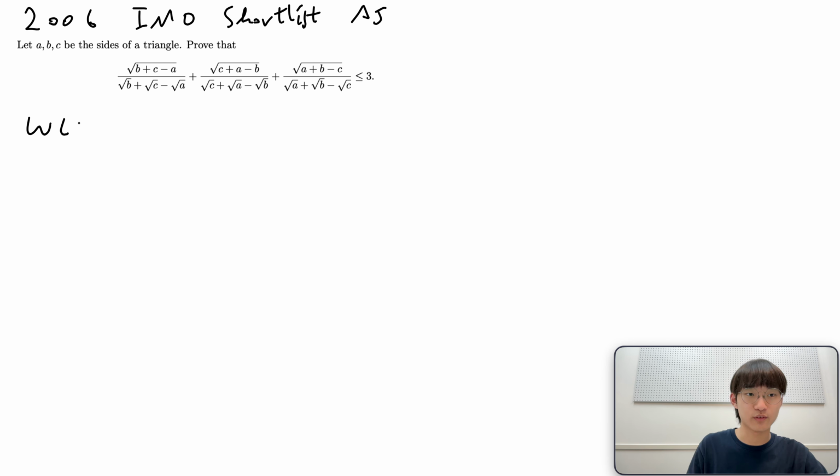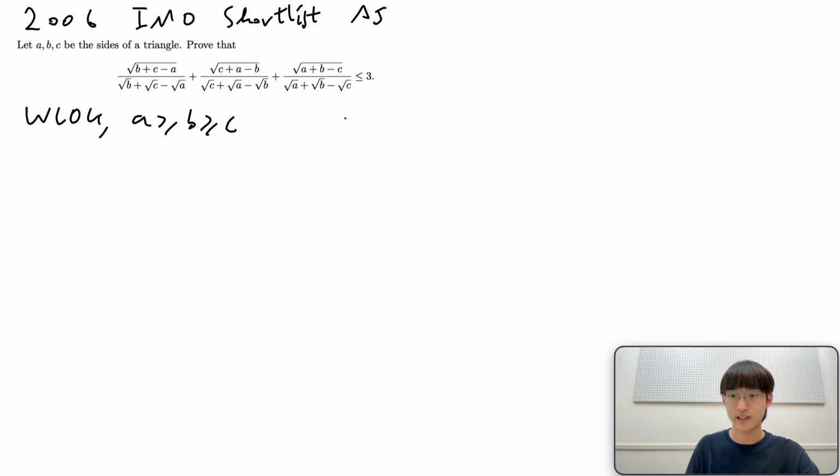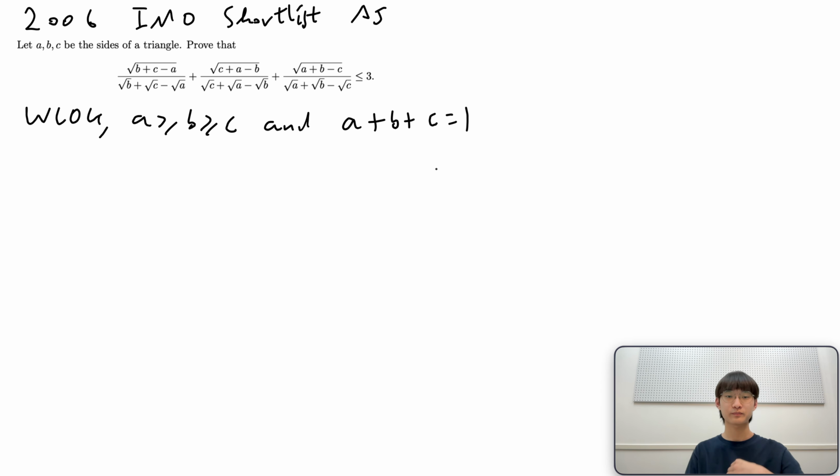So without loss of generality, we'll assume a is greater than or equal to b, greater than or equal to c, because they can be equal to each other, isosceles and equilateral triangles. And because this inequality is homogeneous, we can set a plus b plus c equals 1.